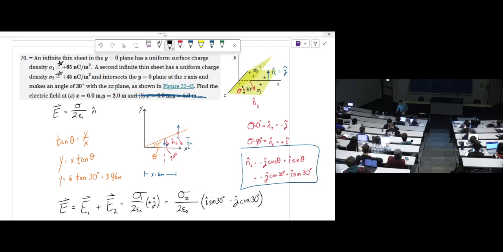And now we know epsilon naught, if you don't have that written down, is equal to 8.85 times 10 to the minus 12, and I think that's in farads per meter.